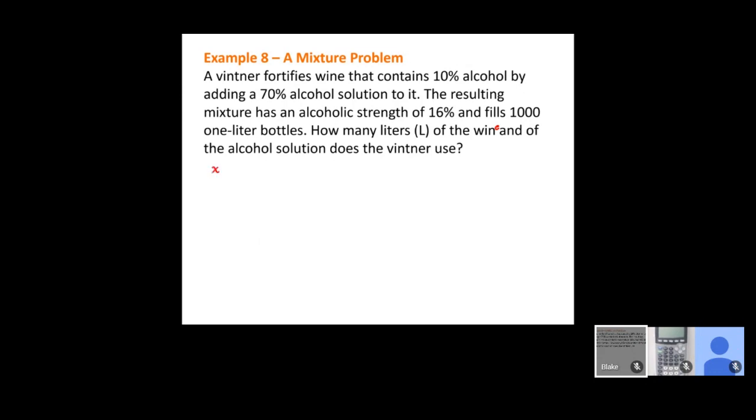Okay, x and y again is fine. So in this case, I'm going to let x equal the liters of wine, and then I'm going to let y equal the liters of alcohol solution. Okay, so those are the two things we're looking for this time.